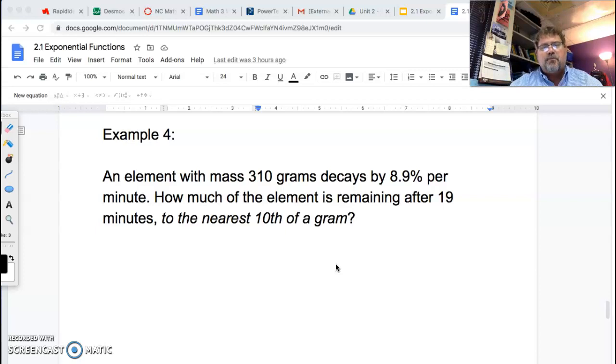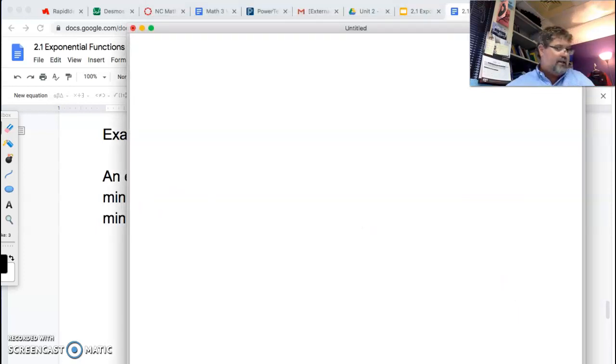All right, so the word decay indicates that this is going to need an exponential decay formula problem, and we can set it up the same way. And we're looking at 19 minutes, and it's changing per minute, so they're not trying to mess me up with units. Be careful and look for that in these problems. Sometimes they do that to you. All right, so this time I'll do it the right way.